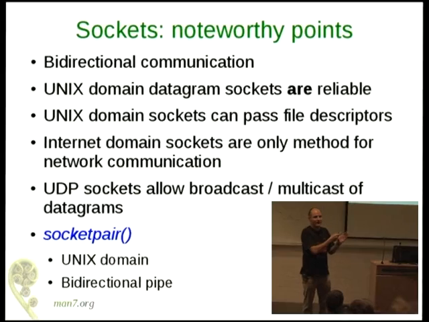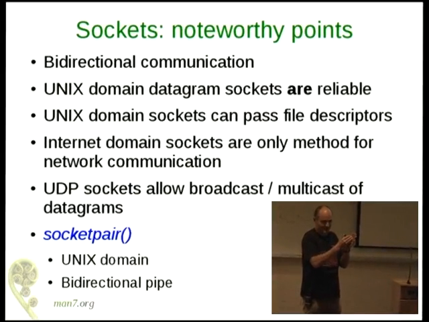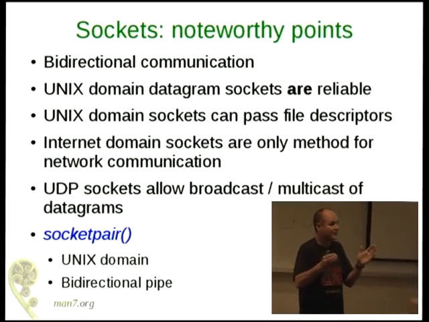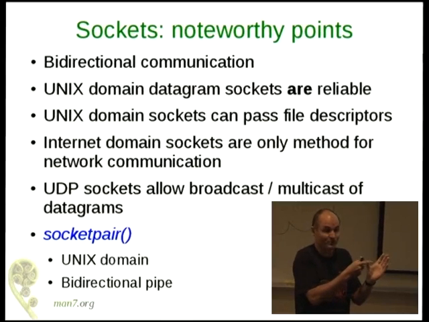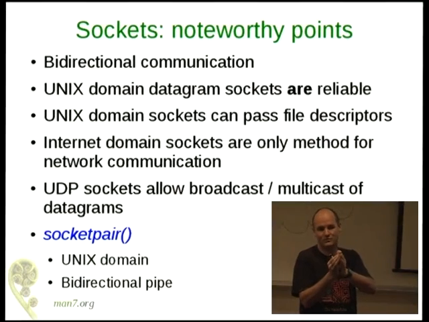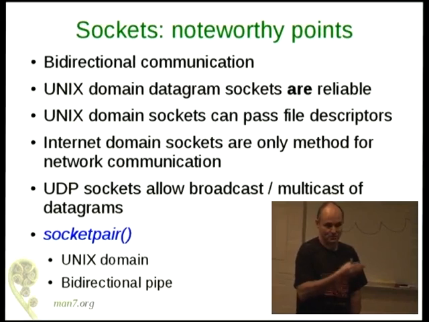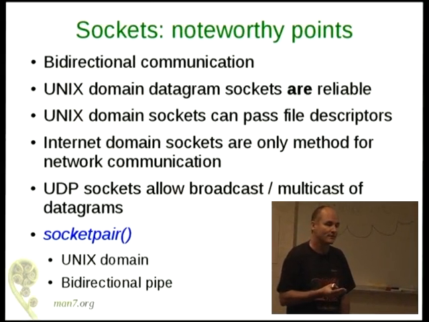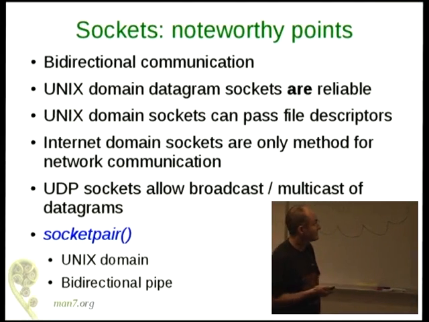One of them opens a file and then creates a connection to another process using a socket, and then uses a special socket-related system call, send message, to actually pass the file descriptor that it just opened to the other process. So it's a way of, in effect, passing access rights to a file object from one process to another, and that actually finds a lot of uses in different places.